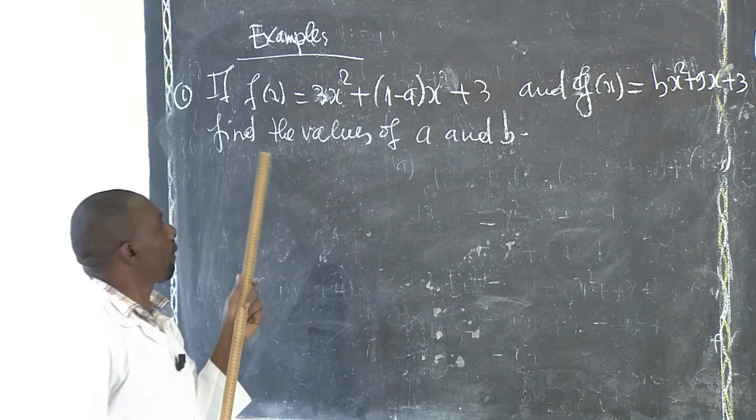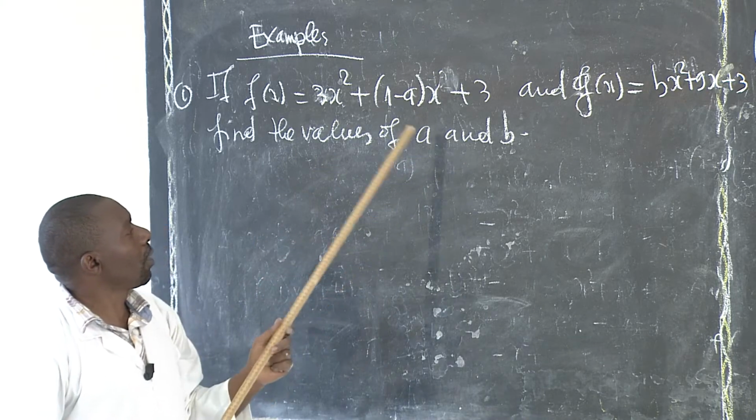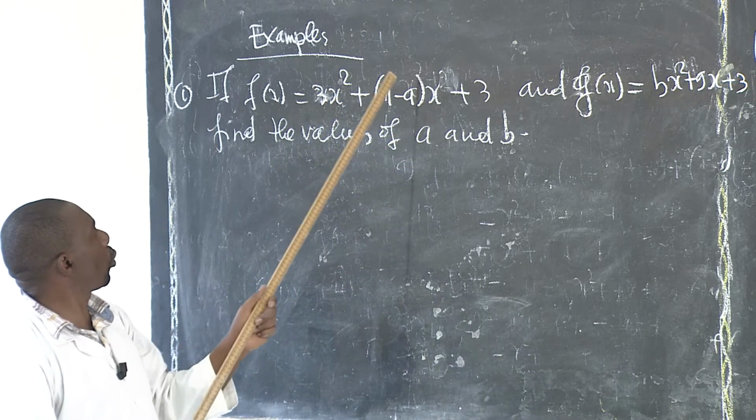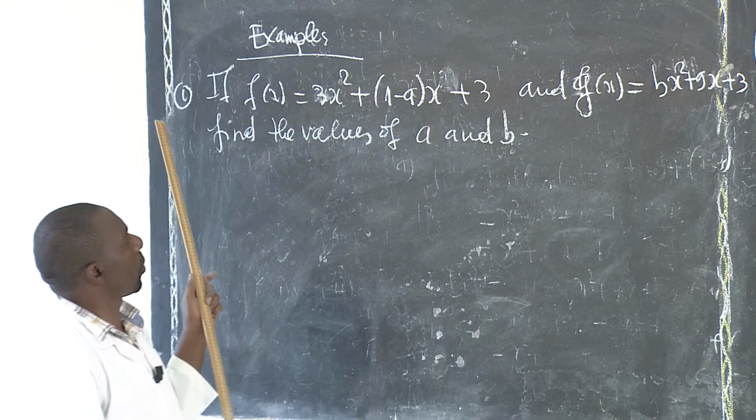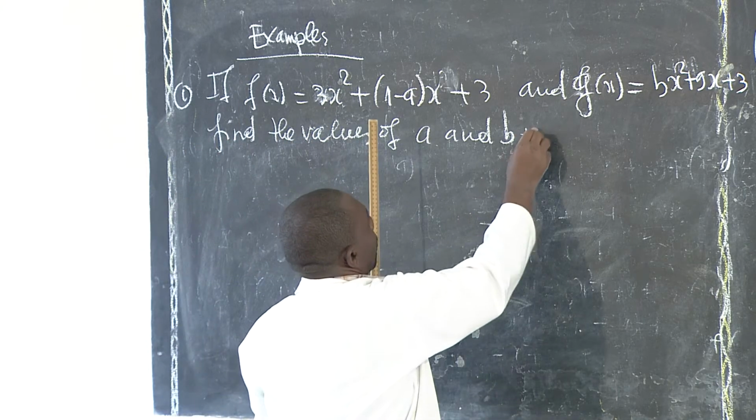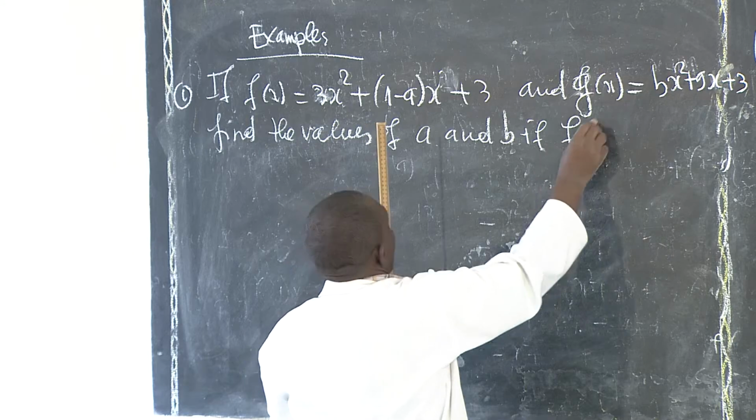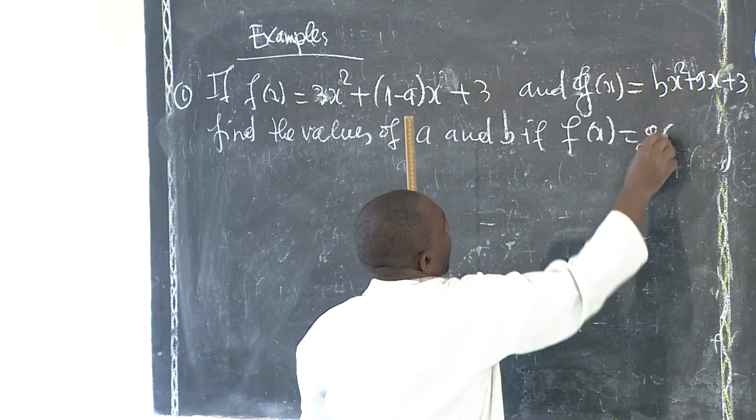And you have to find the value of a and b if these two polynomials are equal, if f of x equals g of x.